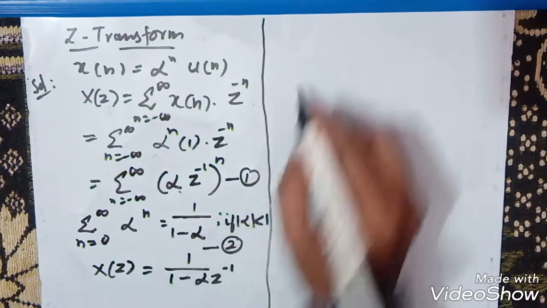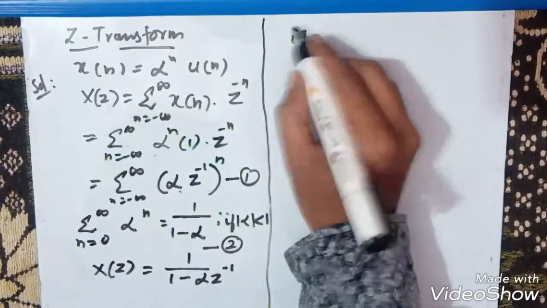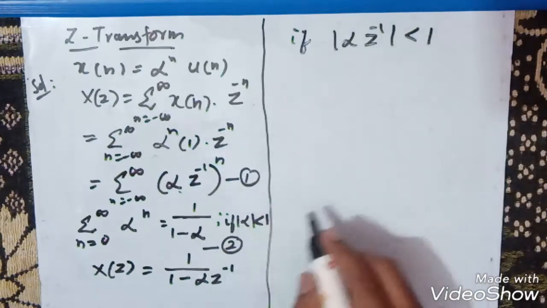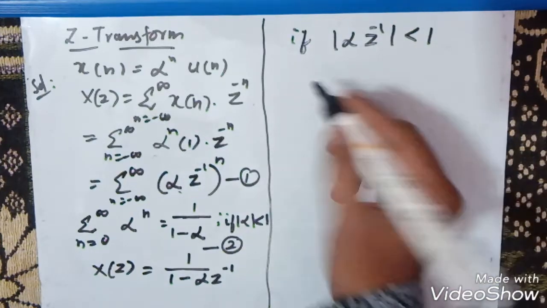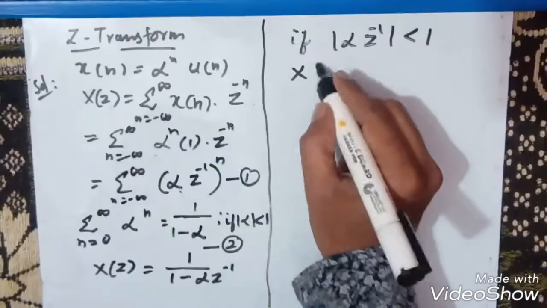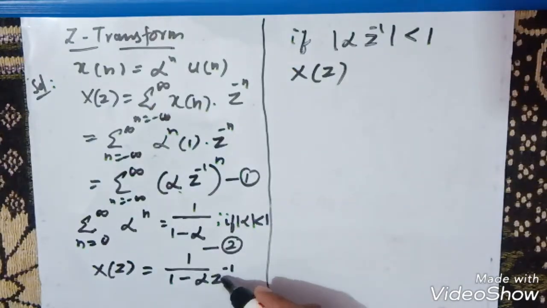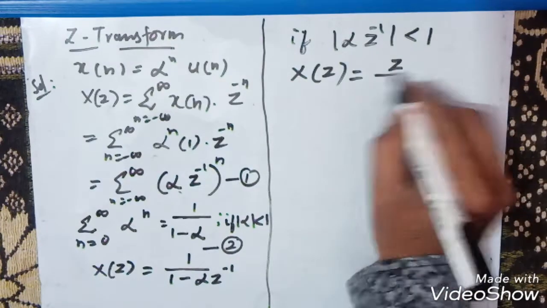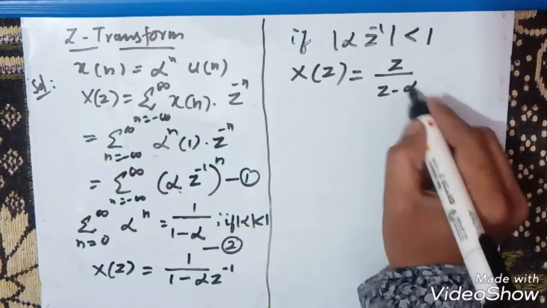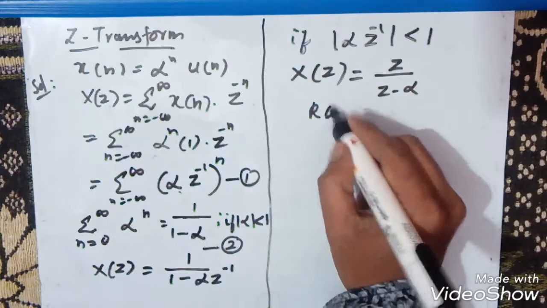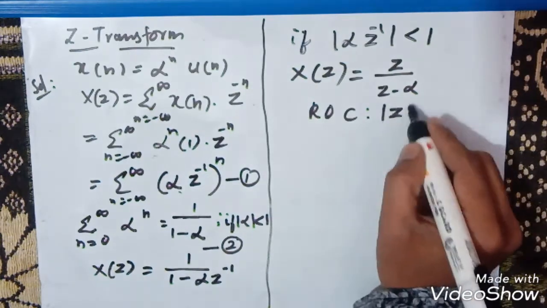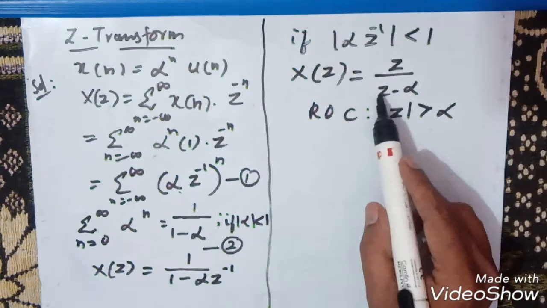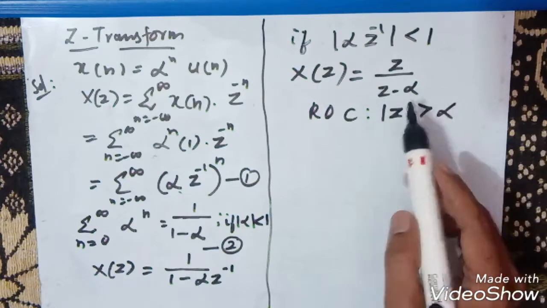For this, the condition is that the magnitude of alpha z inverse is less than 1. If you take the reciprocal and take the LCM, this becomes z divided by z minus alpha. This will be the ROC, that is z must be greater than alpha, otherwise it will be infinite. So z must be greater than alpha because of z minus alpha.